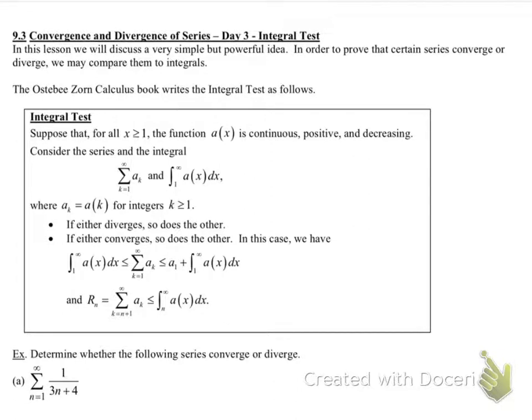So no matter what, your sum from k equals n plus 1 to infinity of a sub k is less than or equal to the integral from n to infinity of a of x dx.